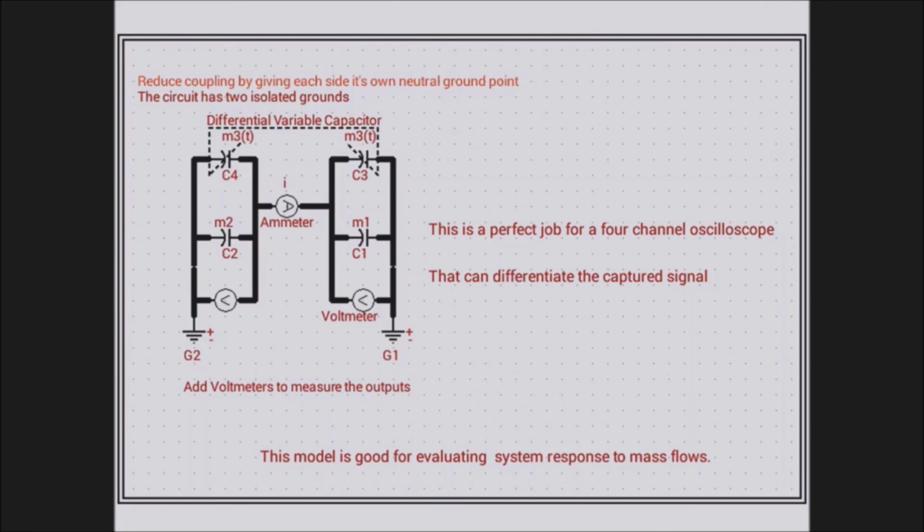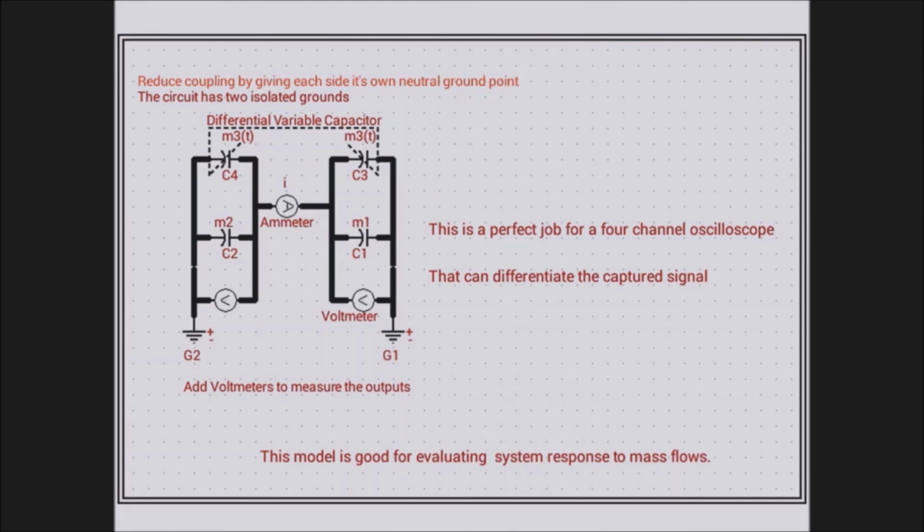This model is good for evaluating the system response to mass flows. So you may not even want to include the force in all of these experiments. You may want to find out what happens when you just rotate the knob on the differential variable capacitor to move the equivalent mass from here to there and from there to here, back and forth.